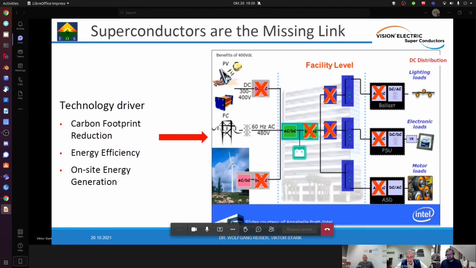The other one is close to Zurich, a green data center. All those data centers at relatively small power have shown that DC data centers save energy by not having these extra power conversion steps in between.